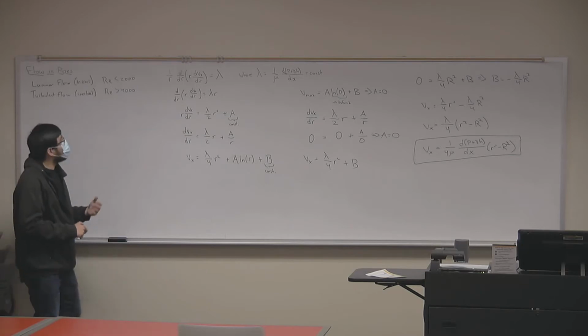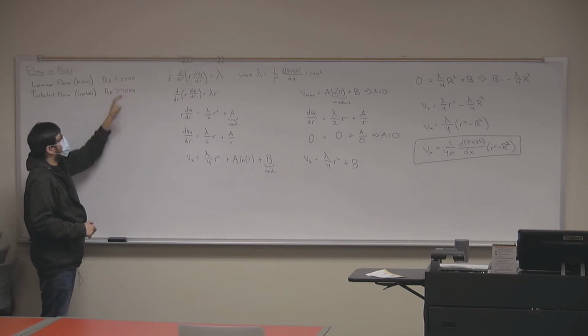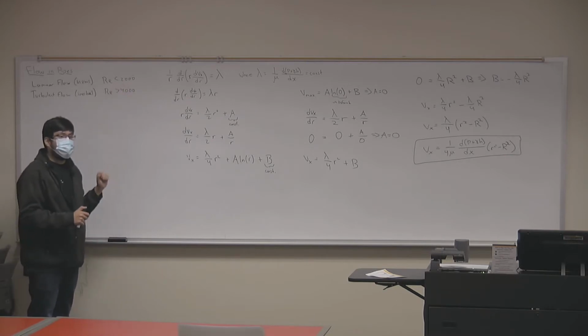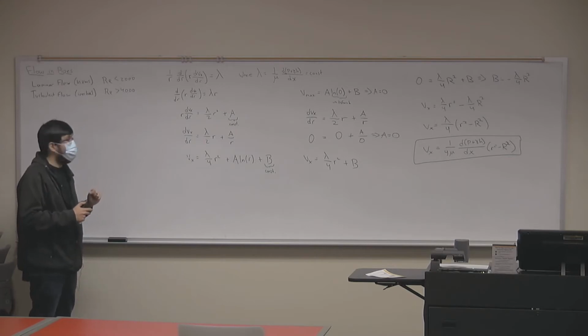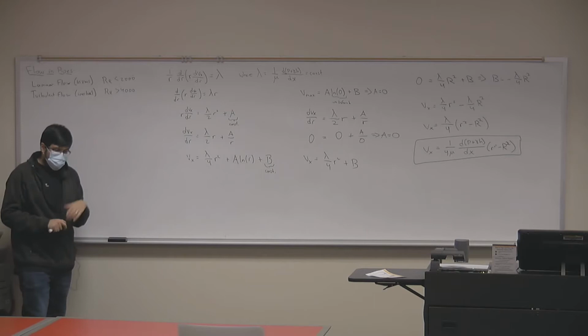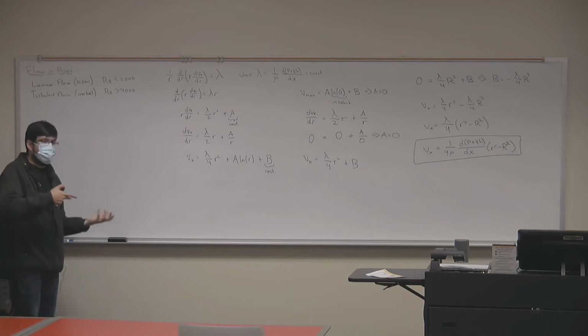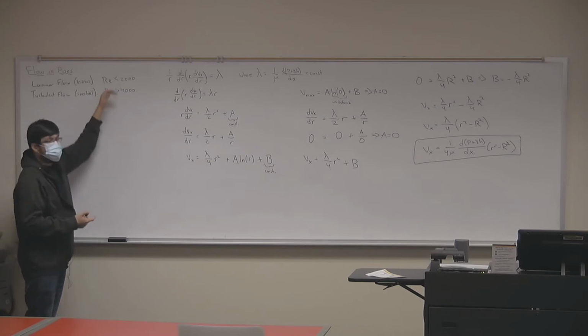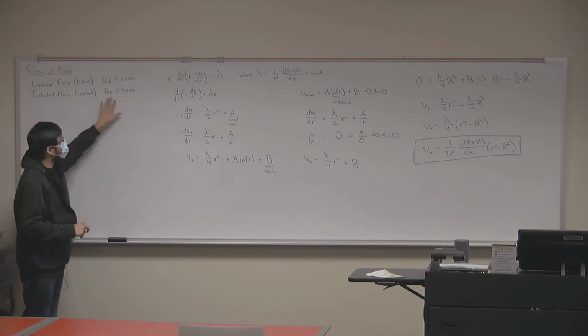Some sources will say that you can have laminar flow all the way up to like 9,000 if it's very well controlled, no external forces acting on it. So take these numbers with a grain of salt, because different books, different situations, different scenarios, different lab environments will give you different ranges.